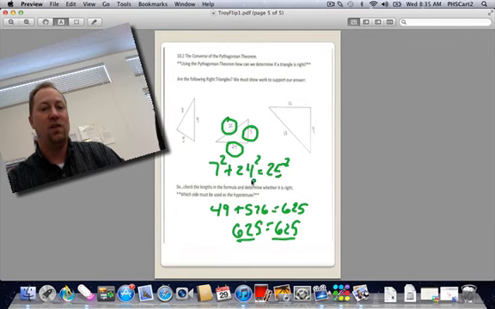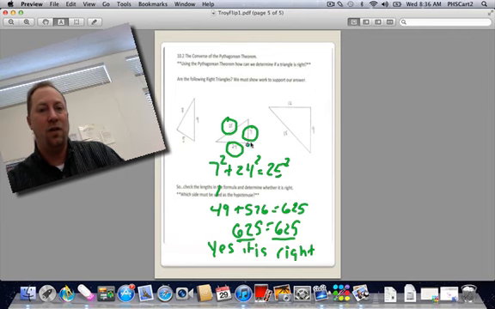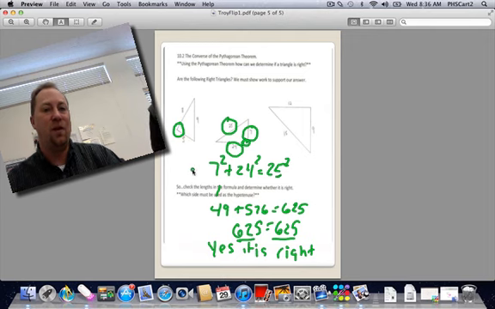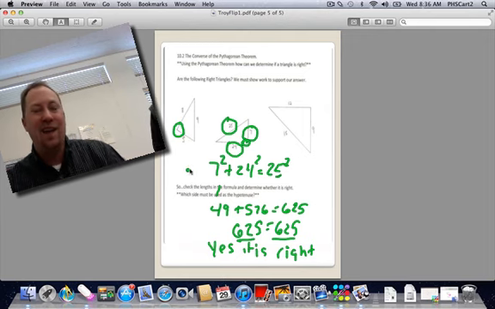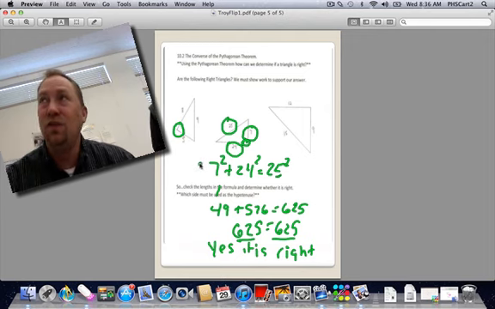Since the sides worked in the Pythagorean theorem, yes, it is right. So at that point, I would know that this was a right angle right here between my two legs. In the first example, this is not a right angle because it did not work in the Pythagorean theorem. That's a wrap-up of 10.1 and 10.2.